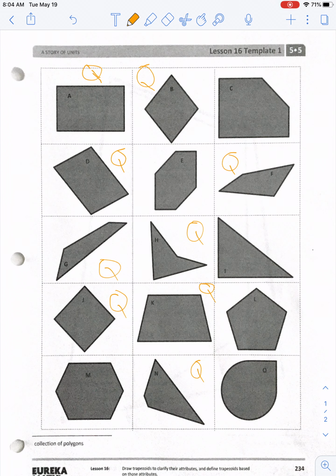Okay, so we have quadrilaterals here. And which shapes are all quadrilaterals? We have A, B, D, F, G, H, J, K, and N. Those are all quadrilaterals. Now we're going to separate our quadrilaterals into 2 groups, trapezoids and non-trapezoids.